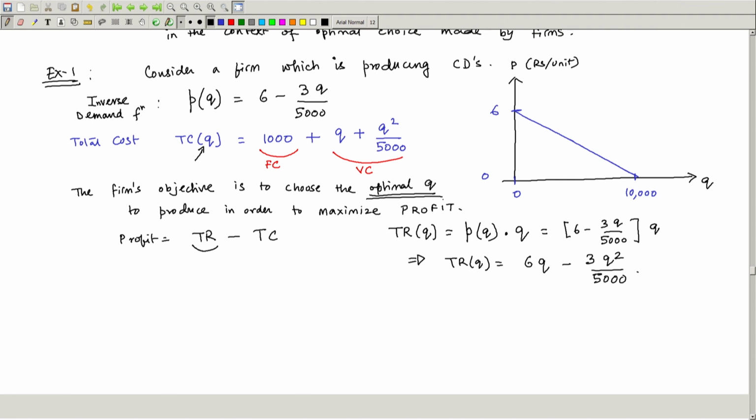If I was given the demand function, so if the demand function was Q equals 6 times 5 is 30, so 30,000 minus. Let us just do it here.